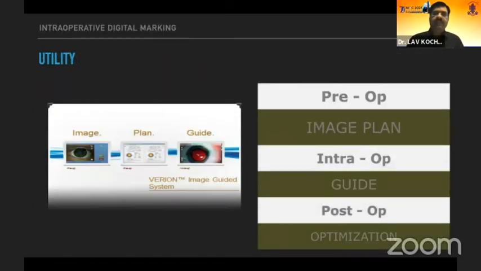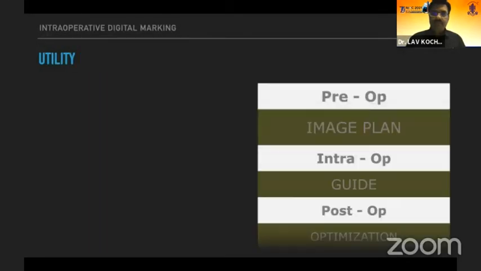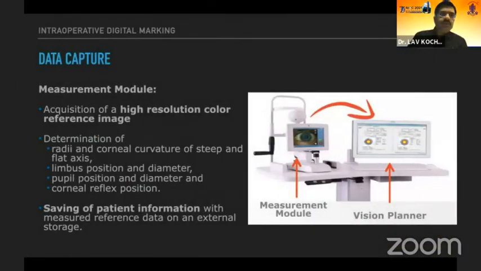And if you see the utility, first we take, preoperatively, the image of the eye, then plan the surgery, and the same thing we use in our operating theater. So what we do first is the data capture, and what they do in that is acquisition of a high resolution color reference image of the eye.